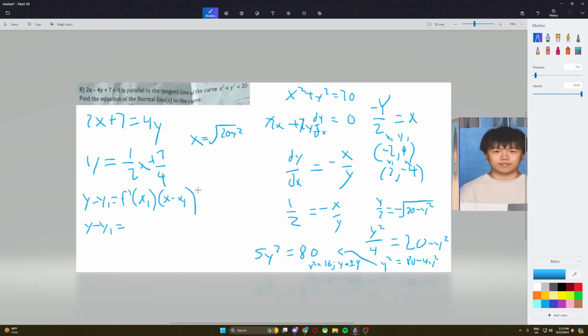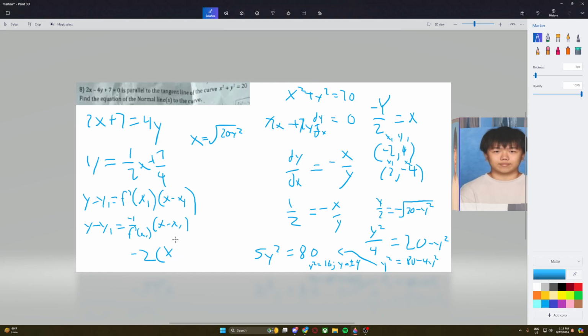This is a tangent line equation. Well, the normal line equation would be negative 1 over f prime of x1 times x minus x1. So basically, we know the slope is 1/2, and so it's negative 2 times x.